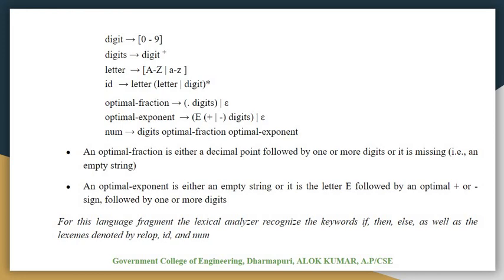ID is letter followed by letter or digit closure star. Optional fraction is dot digits, or it can be empty. Optional exponent is E, plus or minus, digits, or it can be empty. And num generates digits, optional fraction, optional exponent.